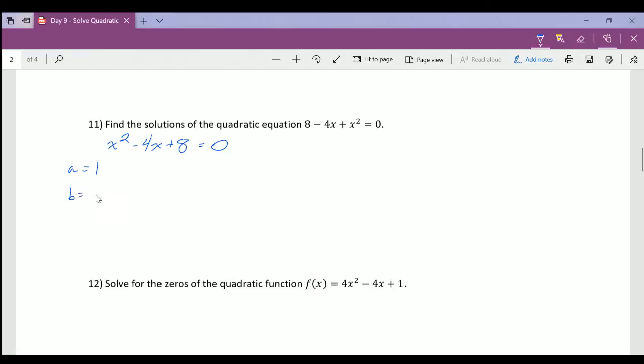B is negative 4. C is going to be 8. And once again, the discriminant. That's going to be, let's see, no, not opposite. Just b squared minus 4ac.